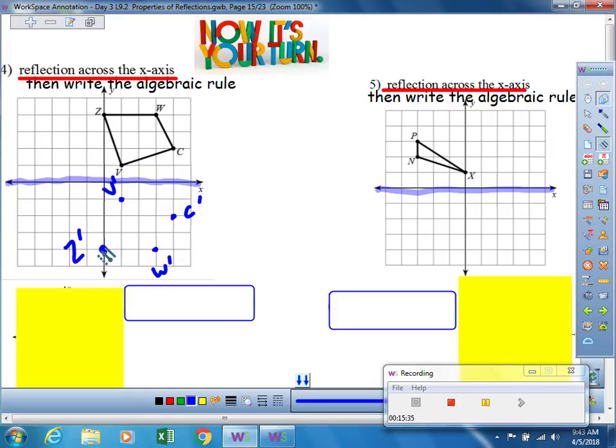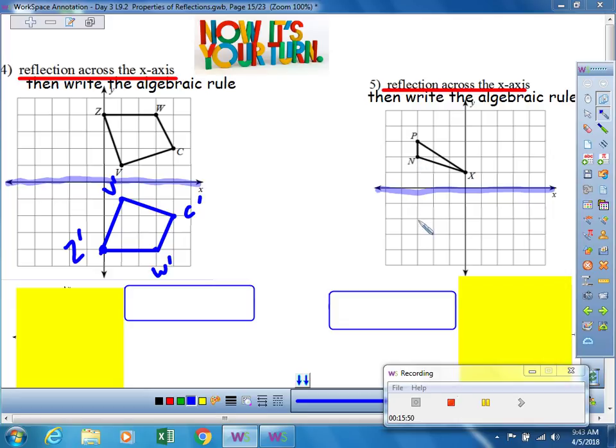The biggest mistake I see is students trying to just eyeball the new image and not actually counting. I see a lot of letters reversed. Because you see how it's P on top and then N?